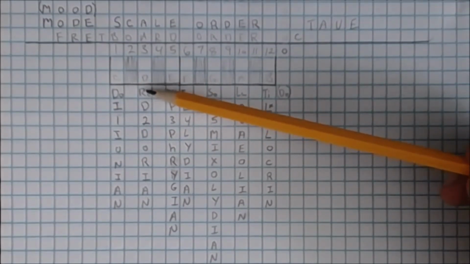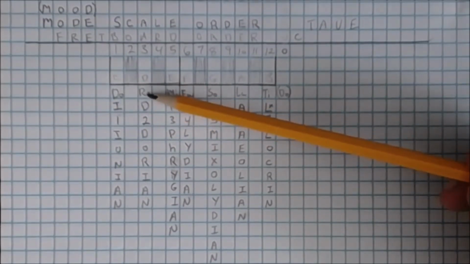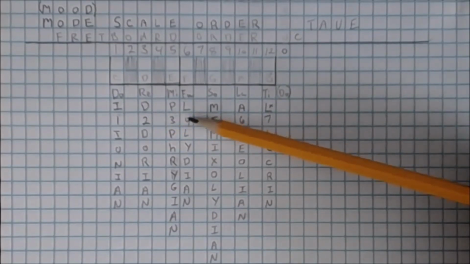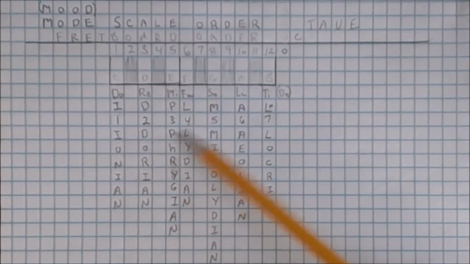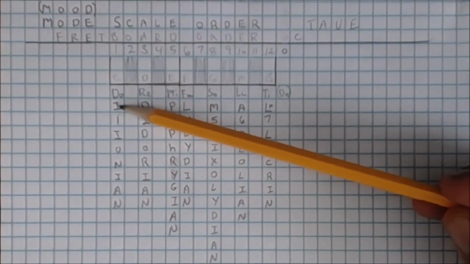The re is the 2, and the 3, and the 4, and the 5, and the 6, 7, 8. Those sound like this. 1, 2, 3, 4, 5, 6, 7. Back to C. Okay, so Ionian is the first one.